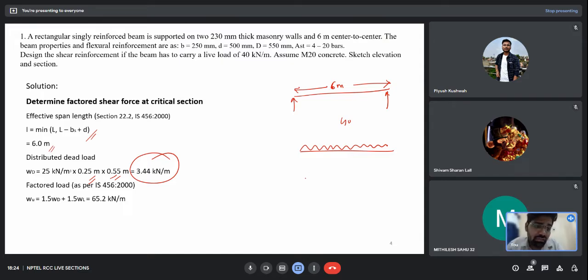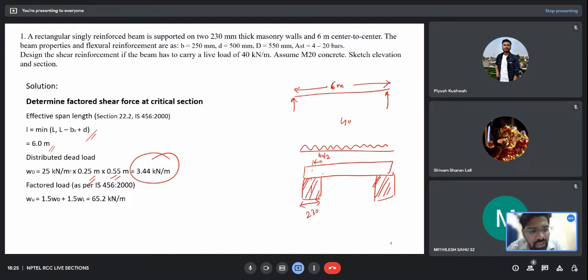Now let me also explain this concept. Suppose these are the masonry walls on which my beam is resting. This will be Bs by 2, that is 230 by 2, where 230 is this. My critical shear usually occurs at 45 degrees from the support.